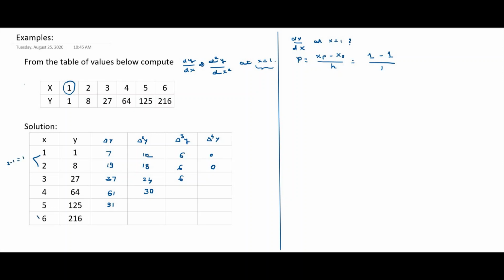You can take any two consecutive values. So 6 minus 5 is also equal to 1. Therefore, the value of h is equal to 1. And if you simplify this, you will get 0 divided by 1, and 0 divided by 1 is equal to 0.